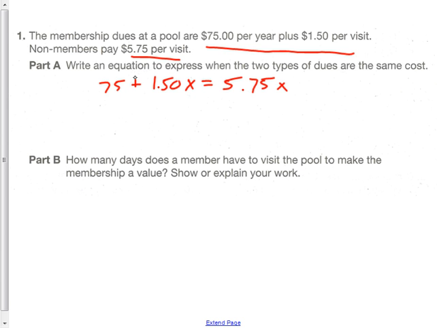So the membership is $75 a year plus $1.50 every time I visit, so that's x. Now, this is just $5.75 times the number of visits. So we're making that equal to figure out when x has to be the same number.